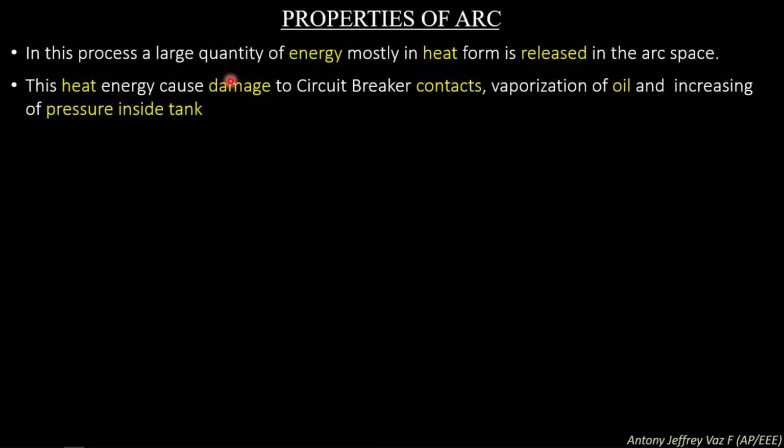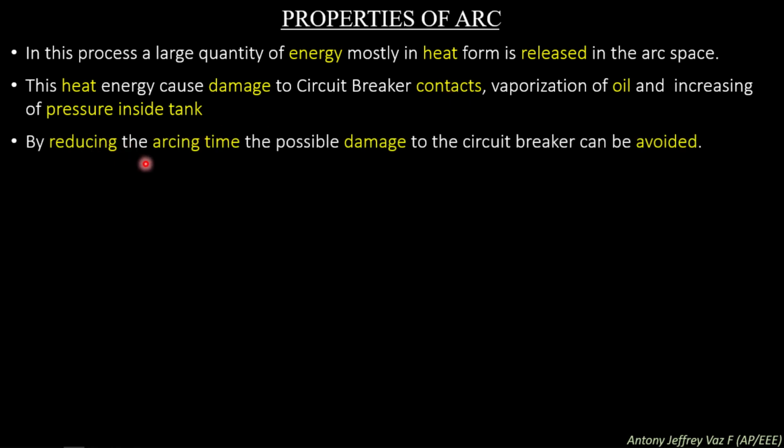So this heat should be safely handled. Otherwise, the heat energy causes damage to circuit breaker contacts. It can create vaporization of oil and increasing of pressure inside the tank. These effects can easily damage the complete circuit breaker within a short amount of time.